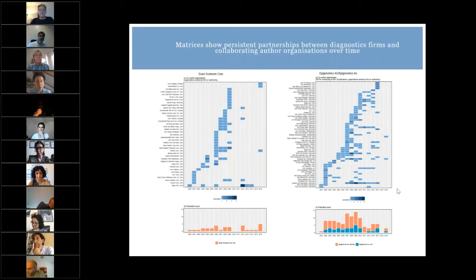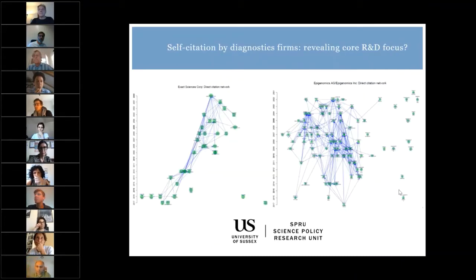So this shows us the extent of the collaborations that each of these firms has, and how they're using their relationship with a series of different external collaborators. If we could go to the next chart as well now, please, the next slide.